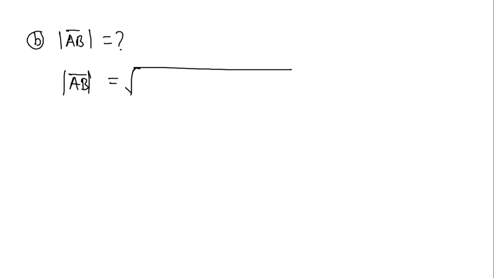The previous answer for part A was 4ax cap plus 5ay cap plus 6az cap. So we write 4 squared plus 5 squared plus 6 squared, and the result is taken inside the square root.